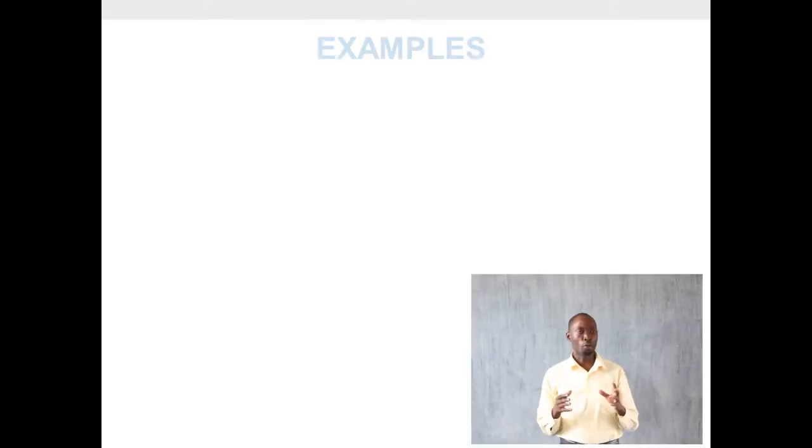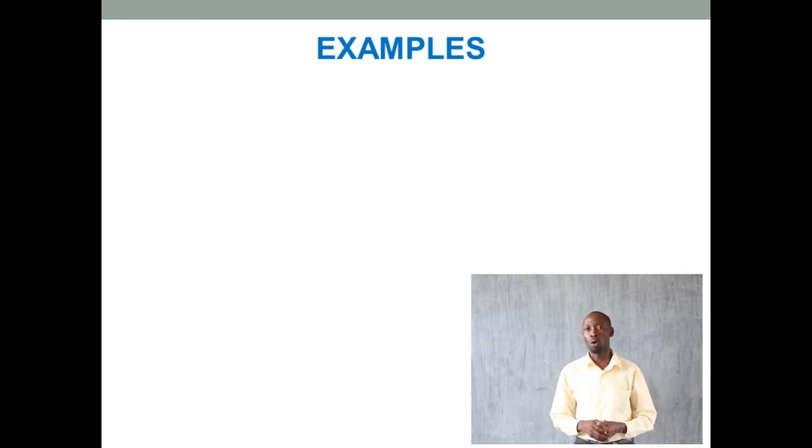Now, here are a few examples of sentences that are found in the conditional 2, or the type 2 conditional. We have said already that the past simple is found in the conditional clause or the if clause of the conditional sentence, and the present conditional is found in the main clause or the result clause of the conditional 2 sentence.